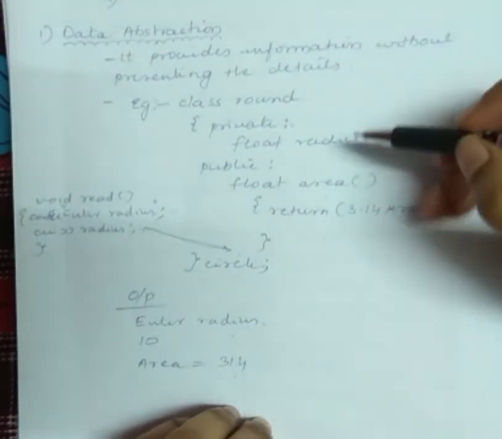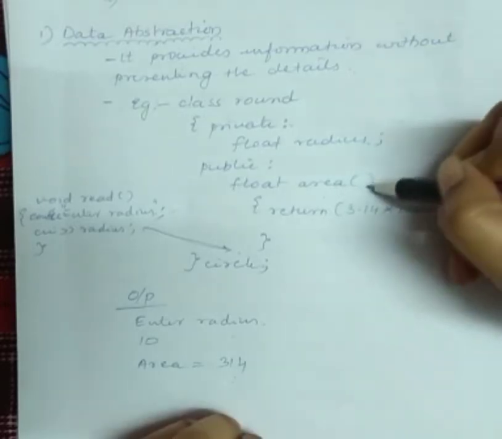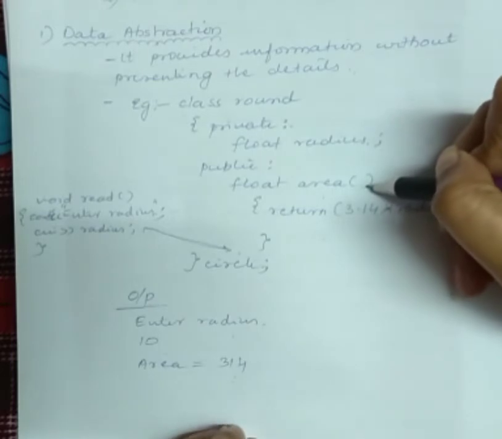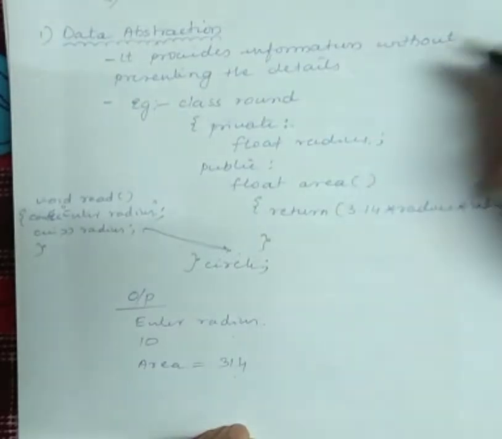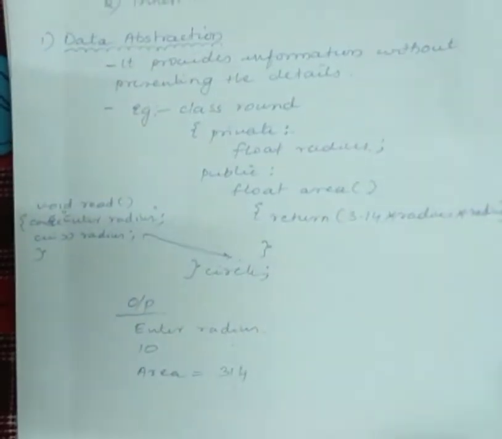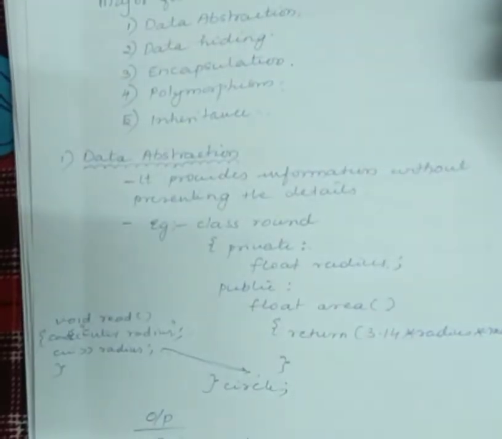Here the radius is not accessible from the main function, but only accessible to the functions inside this class. So again, C++ is giving the second feature, data hiding, with the help of a class and its object.